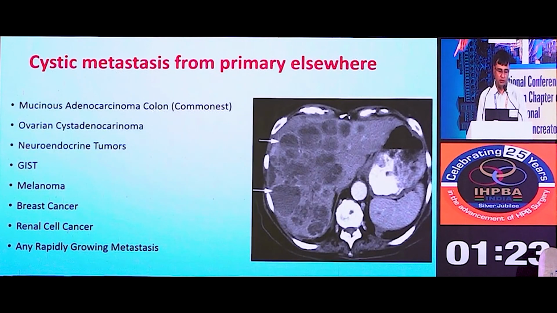Many tumors are very peculiar for giving cystic metastasis, the most common of which is mucinous adenocarcinoma of colon, followed by ovarian cystadenocarcinoma, neuroendocrine tumors, GIST, melanoma, breast cancer, renal cell cancer, and in fact, any rapidly growing metastasis can present with a cystic lesion.